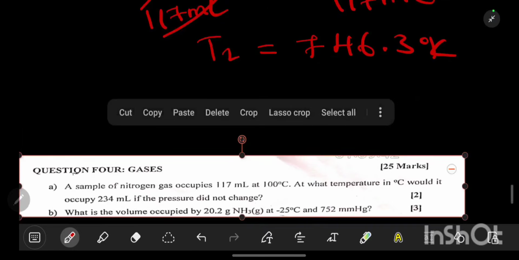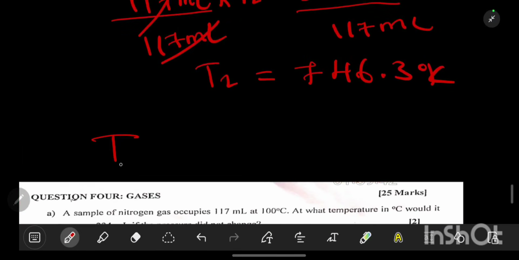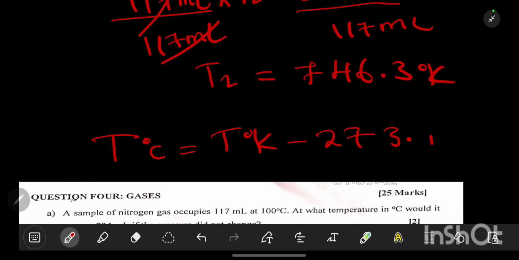So for the temperature in degrees Celsius, when moving from K to C, you have to subtract, because C comes before K in the alphabet. You can think of it like that.